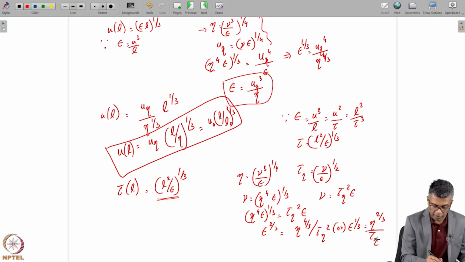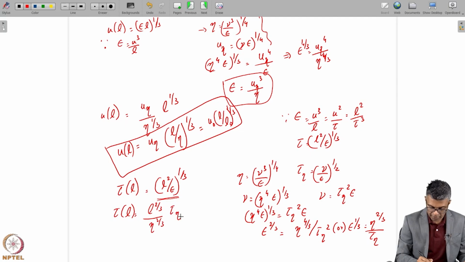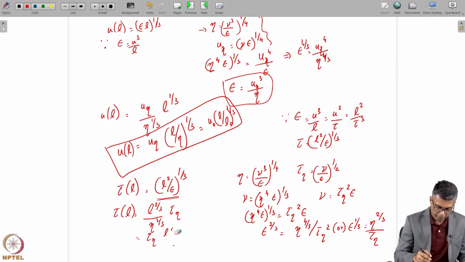I will substitute that here. So tau of L is L to the 2/3 divided by L to the 2/3, and instead of epsilon to the 2/3 I will write this as eta to the 2/3, and then I have a tau eta. That's it. So I'll have this as tau eta times L over eta to the 2/3.